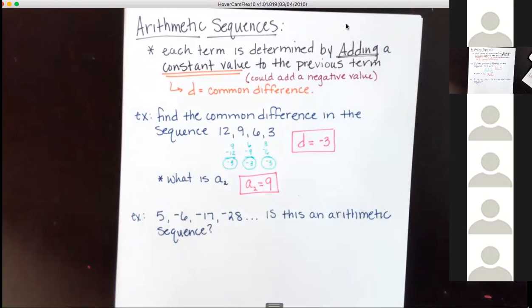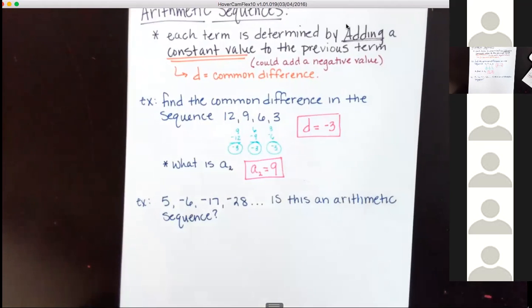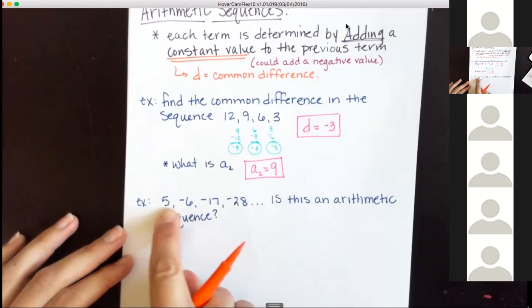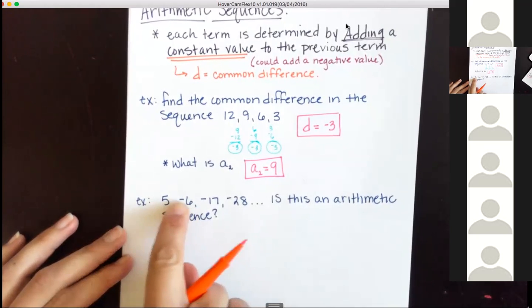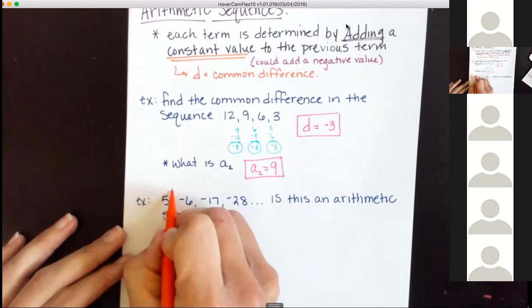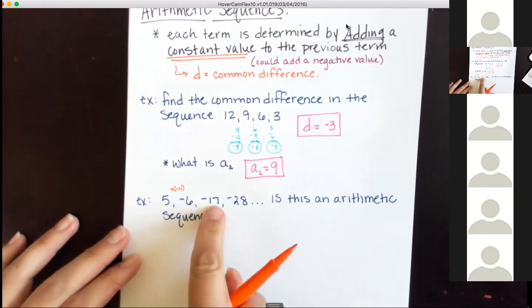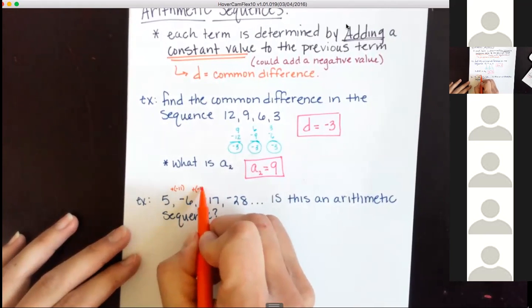All right, so what you want to check is, do we have this common difference? Again, if you can't see the common difference, take the second number and subtract the previous. So -6 minus 5, we're adding that -11. -17 minus -6, that's still that -11.